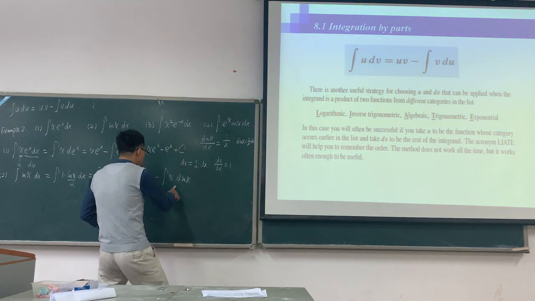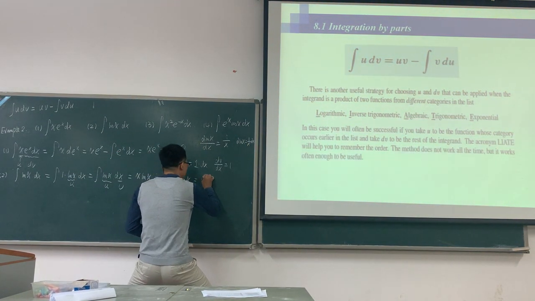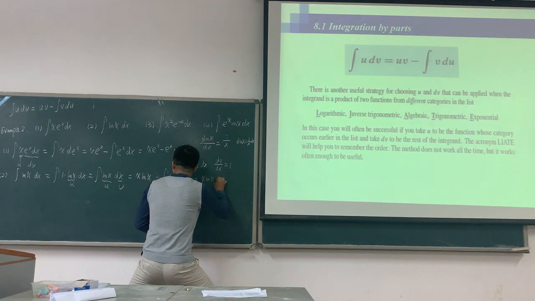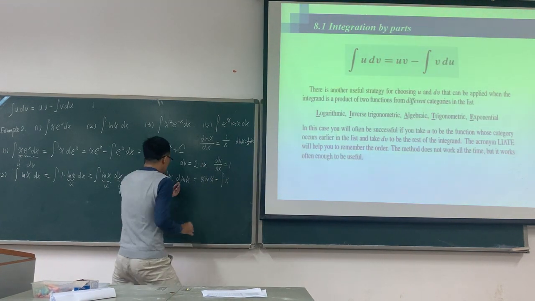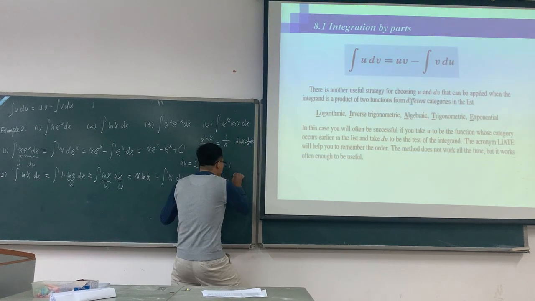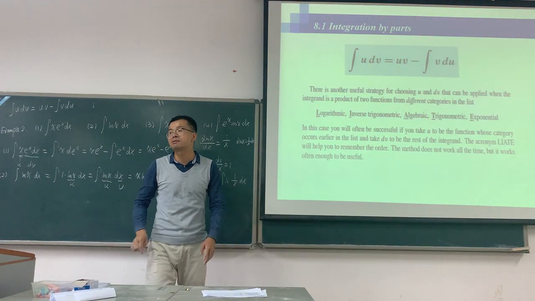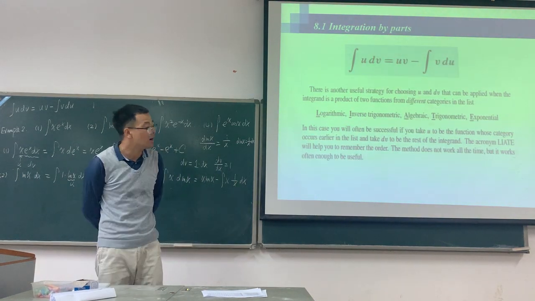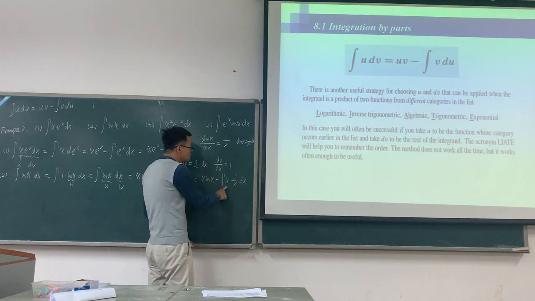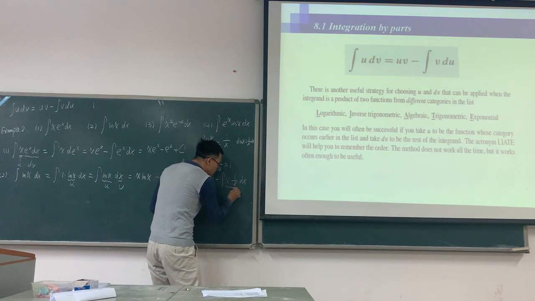So this equals x ln x minus the integral of x times 1 by x dx. Here x times 1 by x is 1.